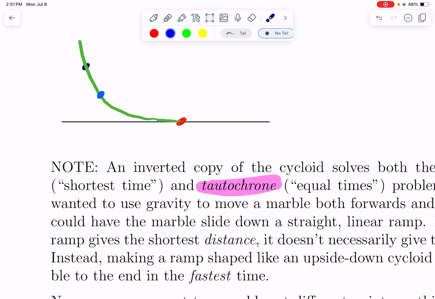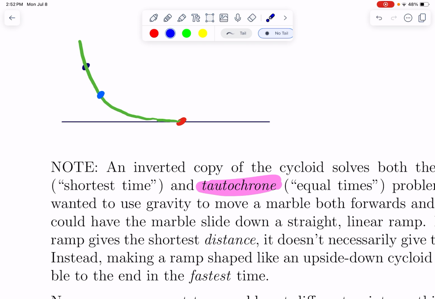Well, it turns out that even though this lower point has a shorter distance to go, it's not getting as much oomph out of gravity. This one is getting more assistance from gravity. So even though this has the head start, when this one slides down and when this one slides down, they actually get to the end at exactly the same time.